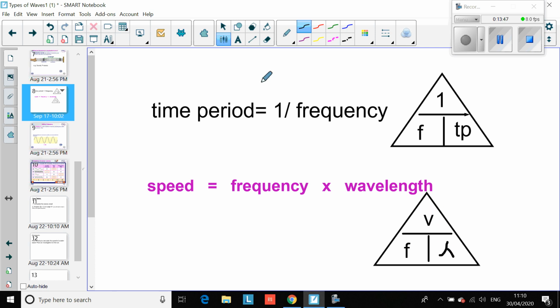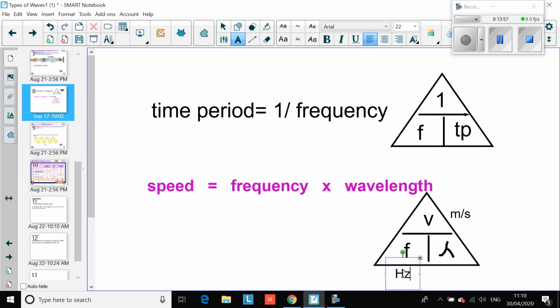Okay, so frequency times wavelength equals wave speed, or velocity. There it is. And standard units for those, please, everybody. So we know that any kind of speed is measured in meters per second. We know that frequency is measured in hertz, capital H, little z, and wavelength is measured in meters. Okay, so up here, just add this. So frequency is measured in hertz, time period measured in seconds.